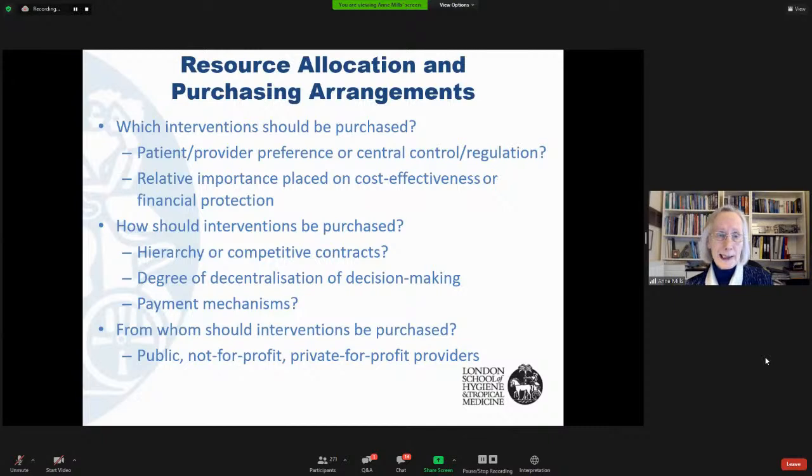Should decisions on interventions be made centrally or regionally, or left to local level decision-making? In the UK, we've had an attempt to introduce competitive contracts and local purchasing, but it's constantly come up against the ethos of a national health service.